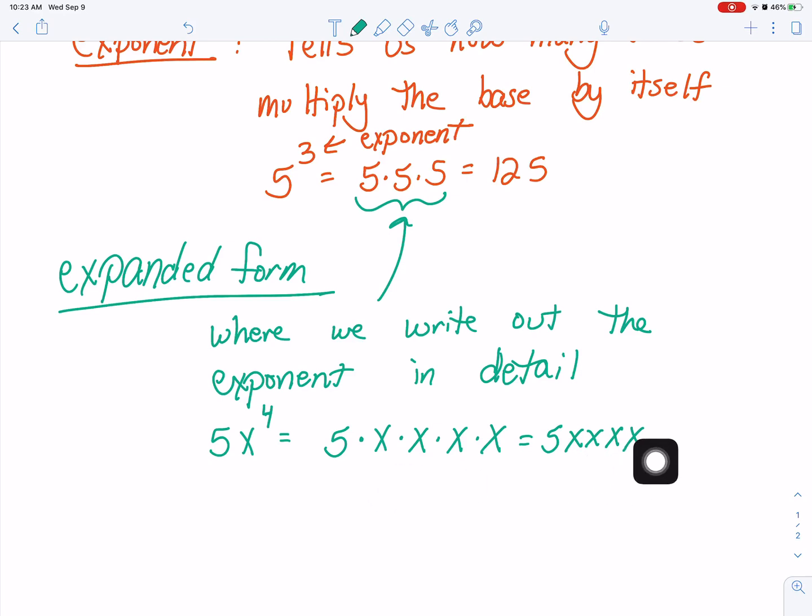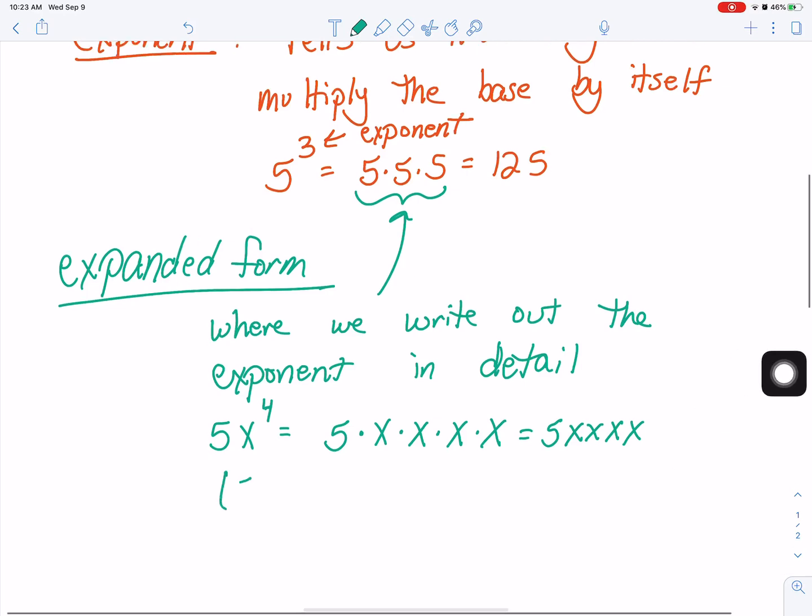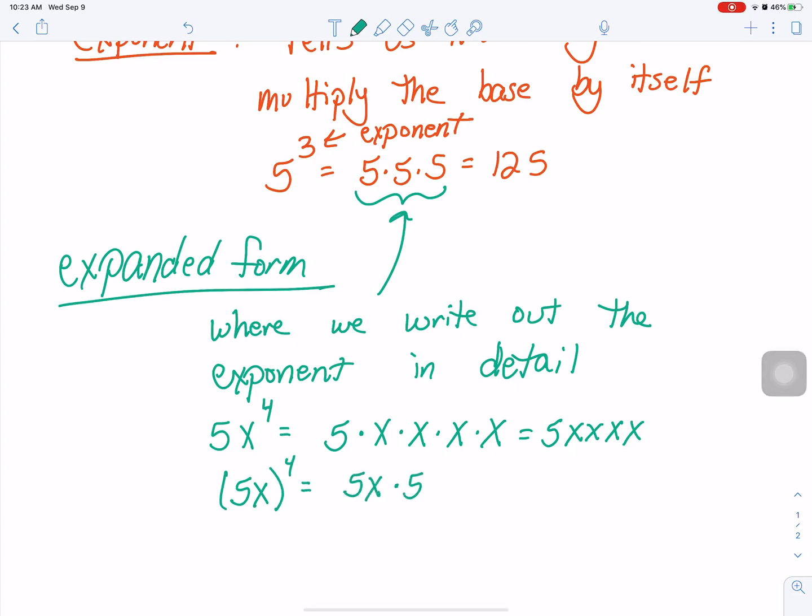If I had the 5x to the fourth in parentheses, when I write it out in expanded form, it looks a little bit different. I'm just putting that 5x in between each one because that exponent is affecting both the 5 and the x. And again, this here is my expanded form.